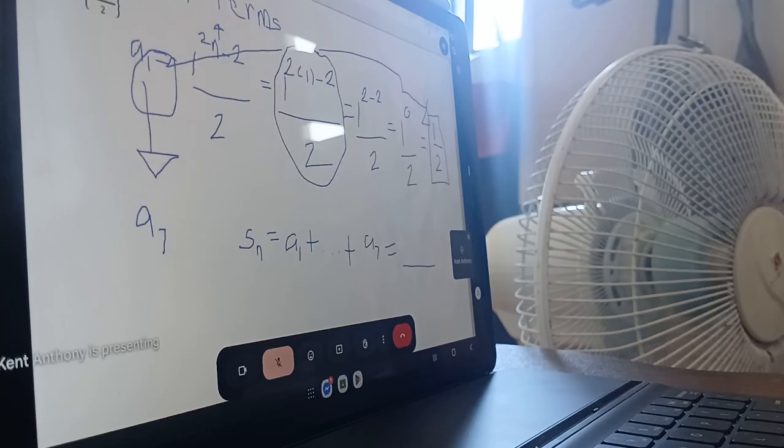Seven. 2 times 7. 2, 4, 6, 8, 10, 12, 14.